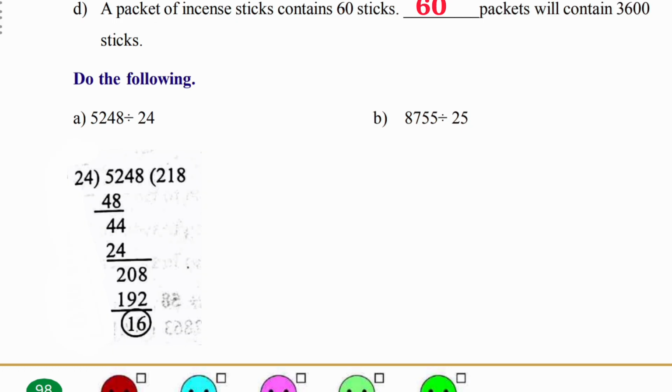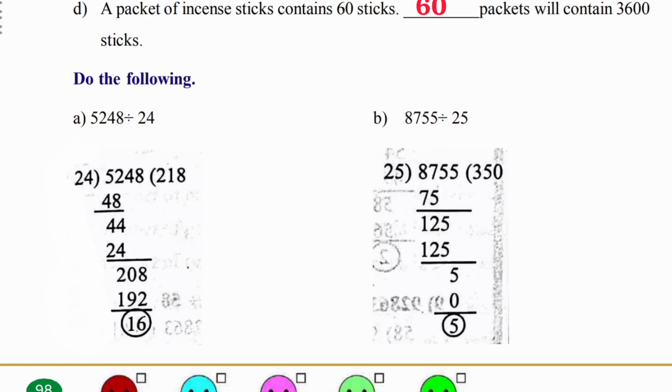So 24 to 48, 4 will be left, take the 4 downside, then 24 ones are 24, then 20 will be left, and bring 8 downside, then 208, 24 8s are 192. So 16 is the remainder. Please do it. I know this is a very big number to divide. Okay, please still try to do it.